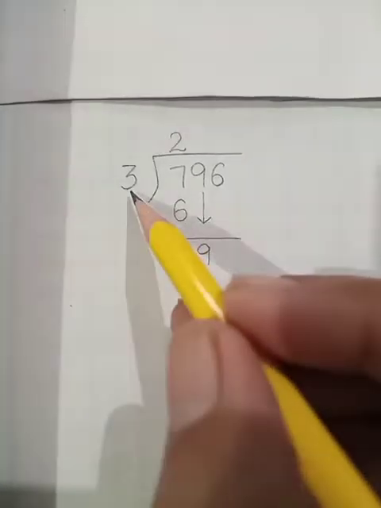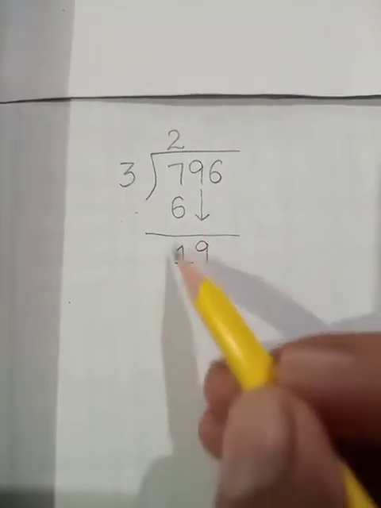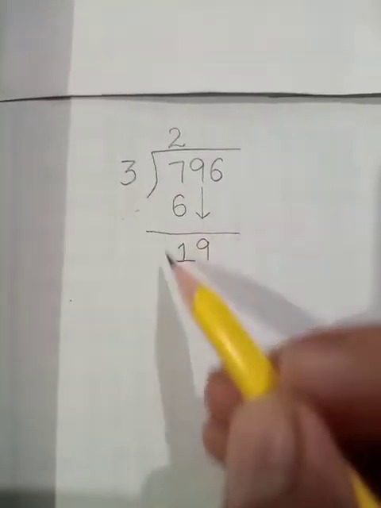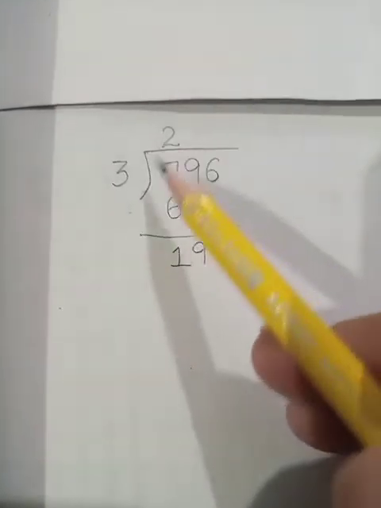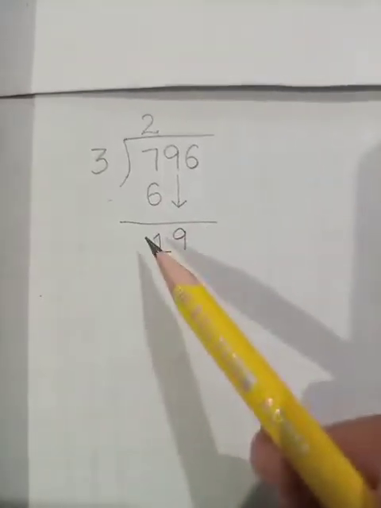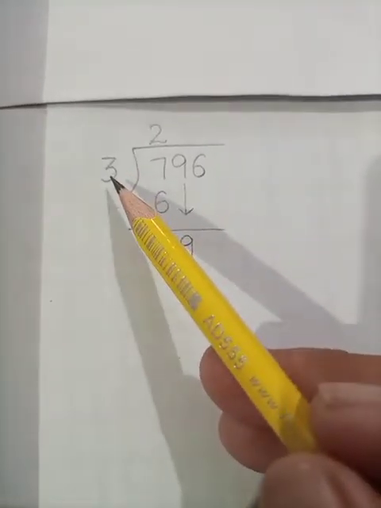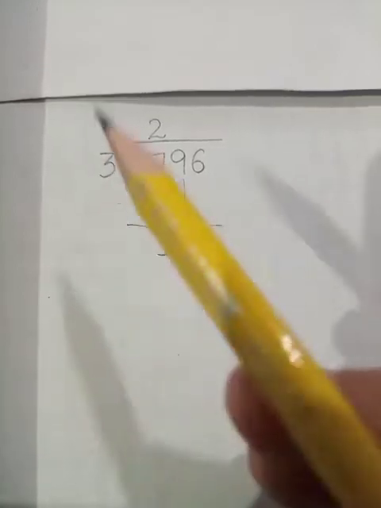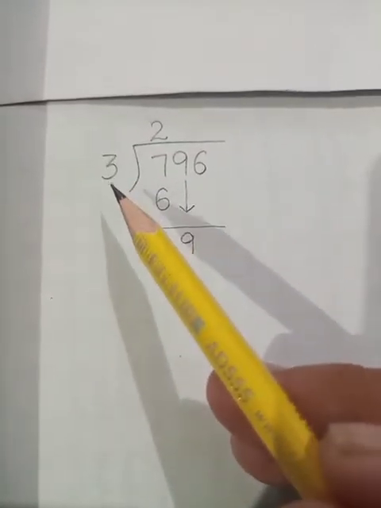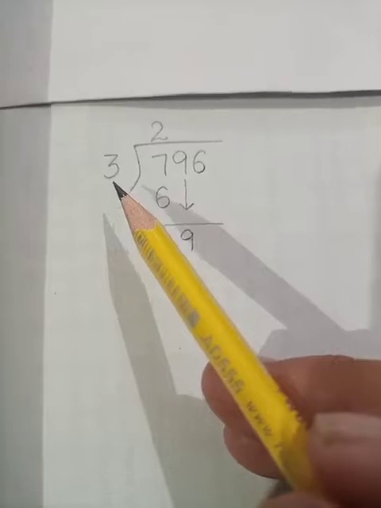Now students, read the table of 3 with me to get this number or the number smaller than this. So students, let's try to solve it by the table of 3. Read the table with me. 3 ones are 3, 3 twos are 6, 3 threes are 9, 3 fours are 12, 3 fives are 15 and 3 sixes are 18.